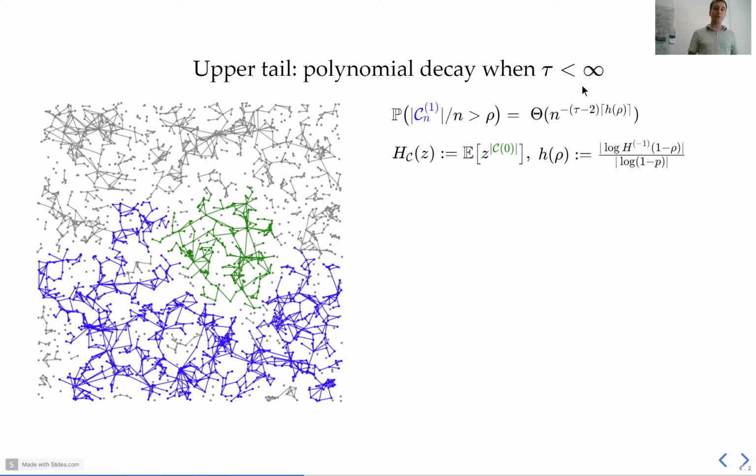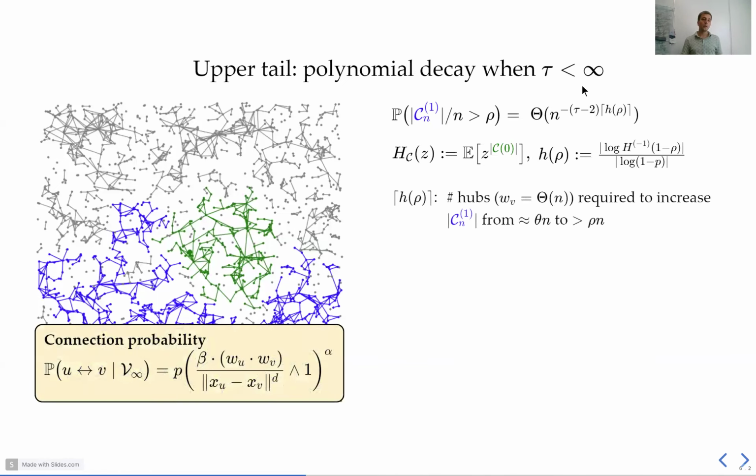And this may look very mysterious, but I think there's quite an intuitive explanation for this. So this h of rho, rounded above, describes the number of hubs in the graph, and hubs are vertices with weight linear in n that are required to increase the size of the giant from roughly theta n to at least rho n.